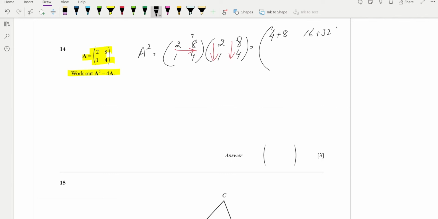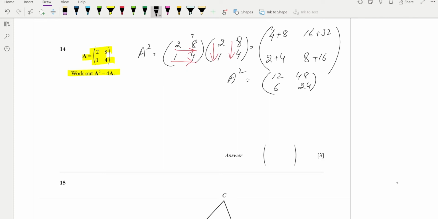Second row and first column will be 1 into 2 will be 2, and 4 into 1 will be 4, so 2 plus 4. And second row second column will be 1 into 8 will be 8, and 4 into 4 will be 16, so plus 16. This will be 12, 48, 6, 24. This is A square which we found.